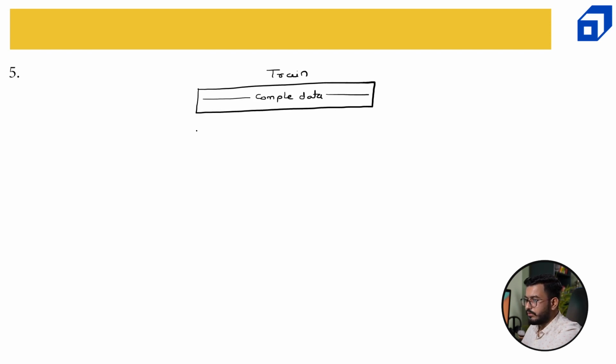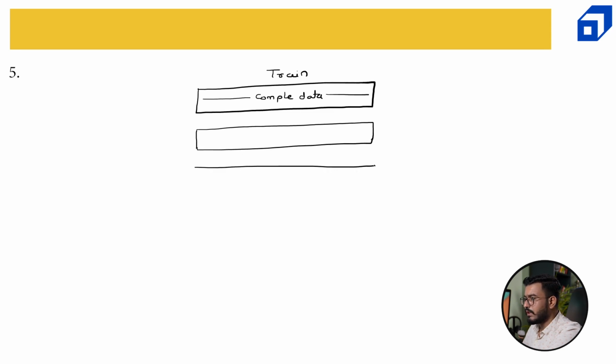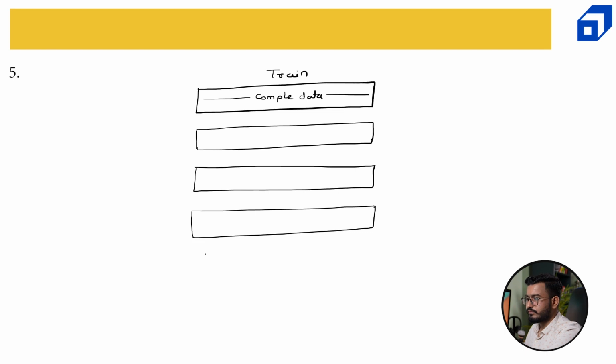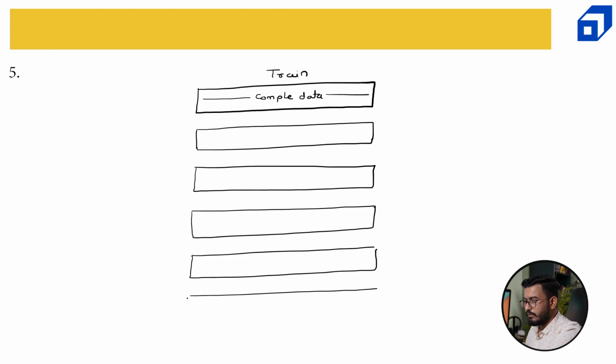Now what we are going to do is divide or chunk out this data into multiple sub data frames or sub samples. So 1, 2, 3, 4, 5. Now why I am using 5, I'll tell you.